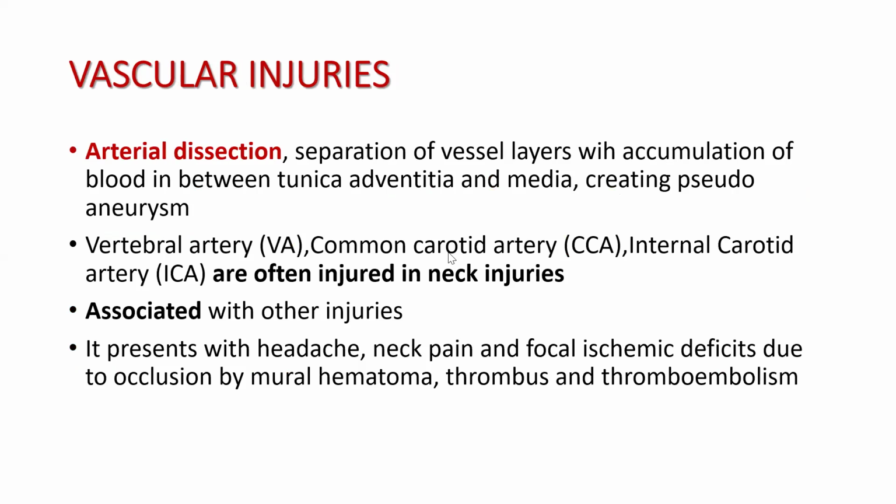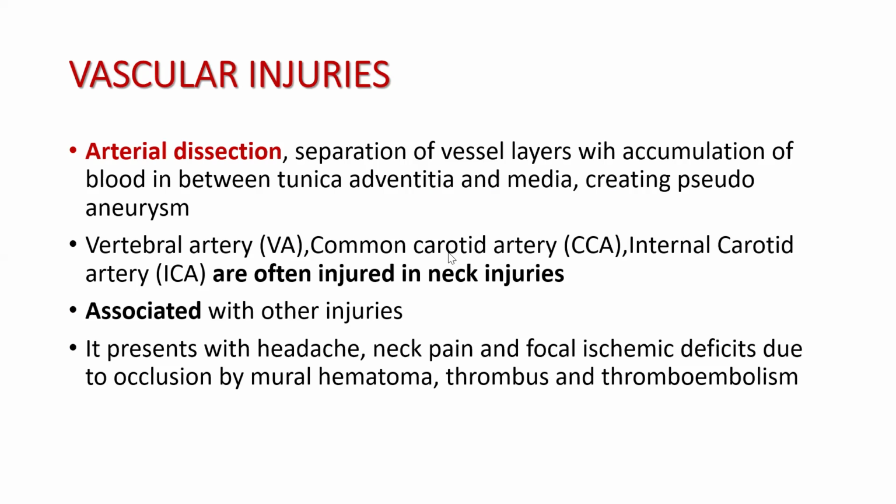Now we will talk about injuries to the blood vessels in the brain. So you have arterial dissection, whereby you have separation of the blood vessel layers with accumulation of blood in between the tunica adventitia and media, creating a pseudoaneurysm. Commonly injured vessels include the vertebral artery, the common carotid artery, and the internal carotid artery.